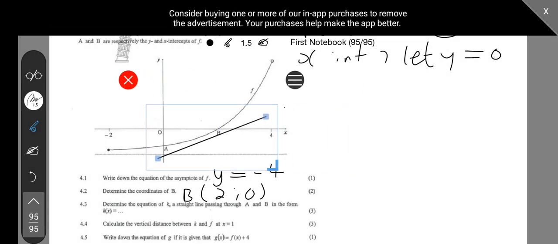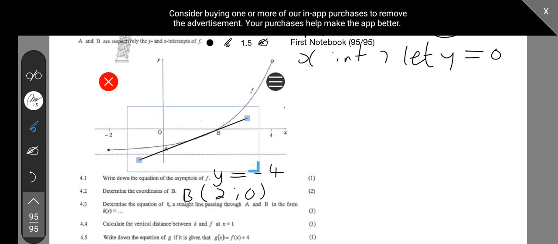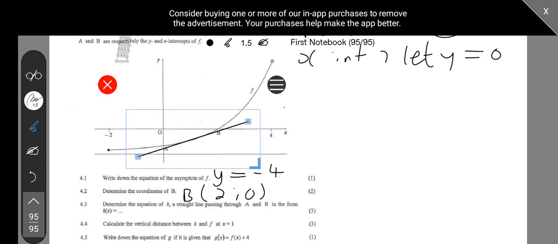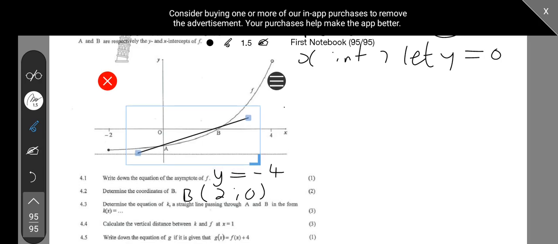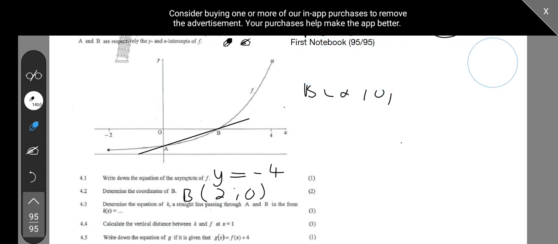The line will pass through A and B. Let me drag it nicely between point A and B. There it is. It's a straight line, and we know the coordinates of B. They are given as (2; 0).